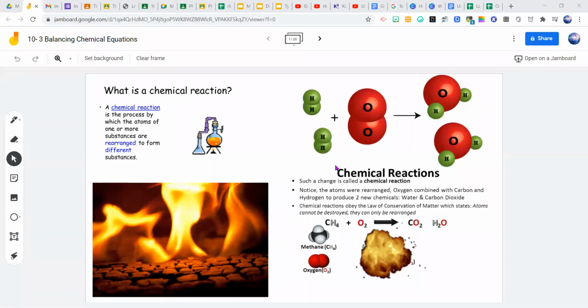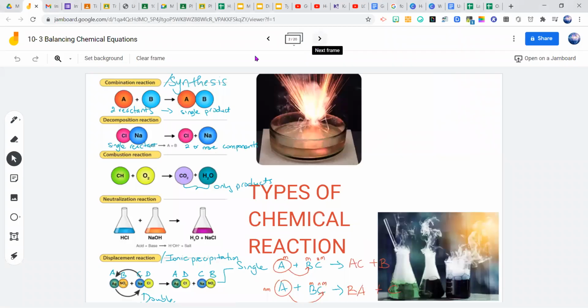And we said that chemical reactions pretty much is a process by which atoms of one or more substances rearrange to form different substances. So a chemical reaction must form something new, or else a reaction did not take place. Now, there are different types of chemical reactions, and we started looking at them.